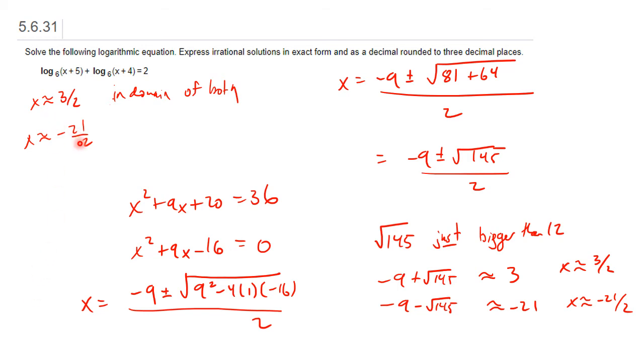If x is roughly negative 21/2, both of these, x plus 5 and x plus 4, they'll both be negative. Which means the only actual solution was where I took the positive choice in the quadratic formula.